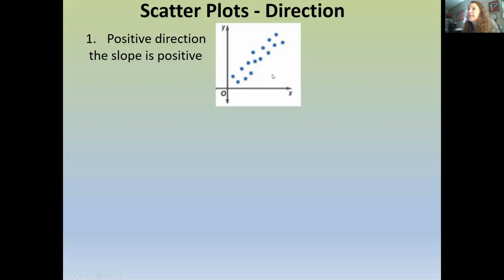When we're looking at scatter plots, we're going to find a couple of things can happen. They can show there's a positive correlation between two sets of data. When you create a scatter plot, you use two different sets of data. For example, one would be age and one would be shoe size.